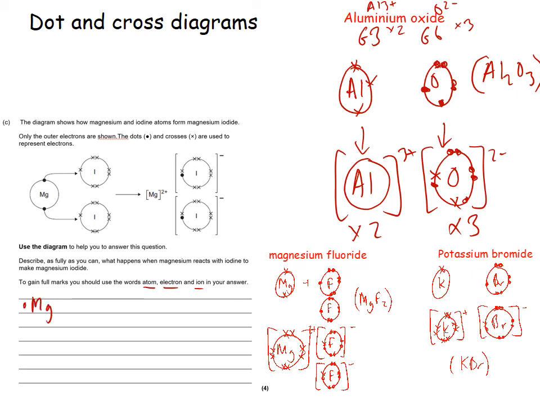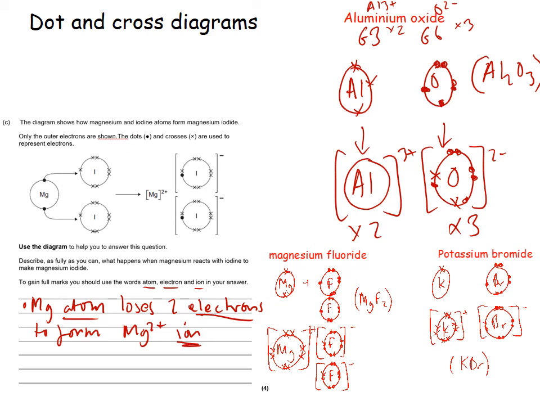You can say magnesium atom, so using your keyword, I'm just going to underline the keyword, atom, loses 2 electrons, and I've used 2 keywords here, to form Mg2 plus ion. There's another keyword there. Okay, so that's going to give you 2 marks there.